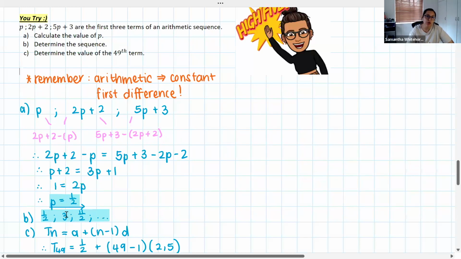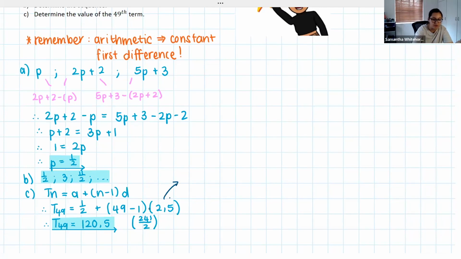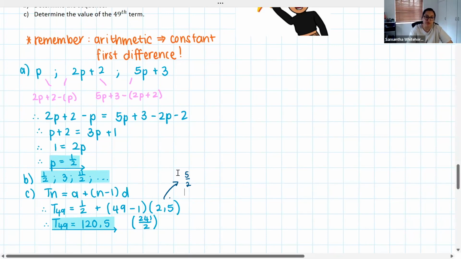But what you end up seeing is that now your constant difference when we get to question C is 2.5. So you're actually adding a fraction each time. So again, if you wrote this as 5/2, that's also absolutely fine. It just happens here that your difference of what we're adding each time is a fraction.